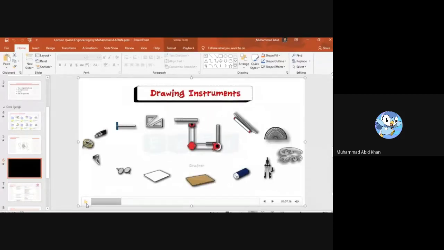Okay, please buy these instruments. If you have them, it's okay. If you don't have them, please buy these instruments to do your practice at home. Without these instruments, you cannot work on your homework. I'm requesting you again, please buy these instruments.